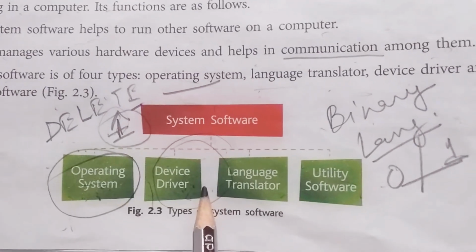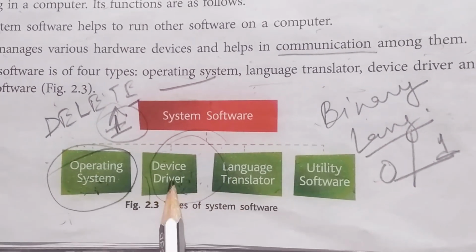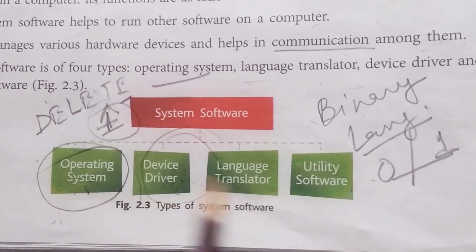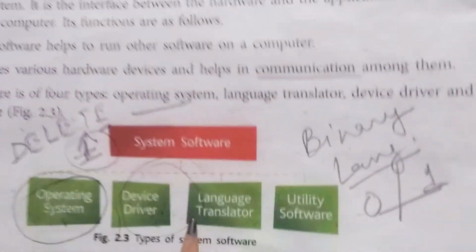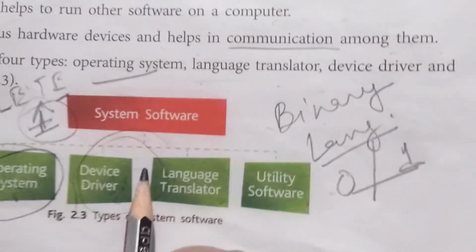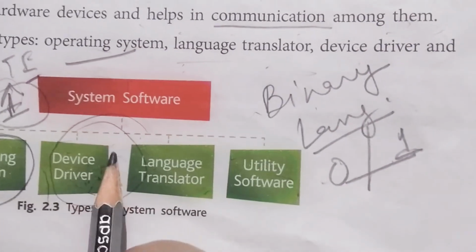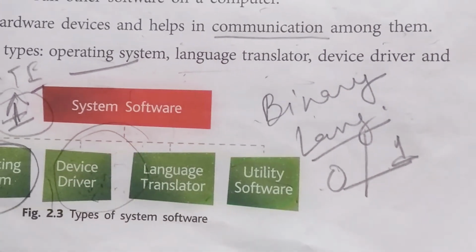External device is what? The device driver takes commands from the operating system and passes them to the external device. Like the CD you are putting inside the computer, or USB pen drive, anything. So they are the external device. So here device driver works like that.